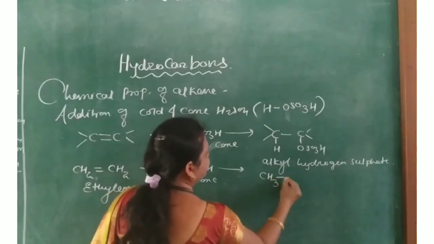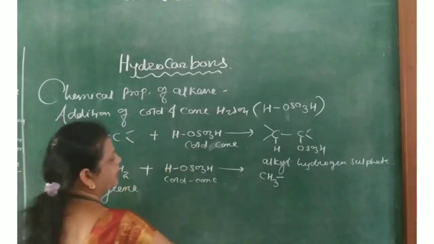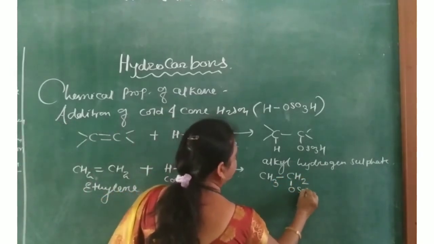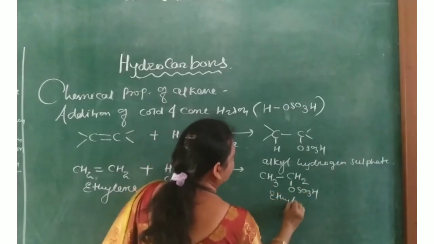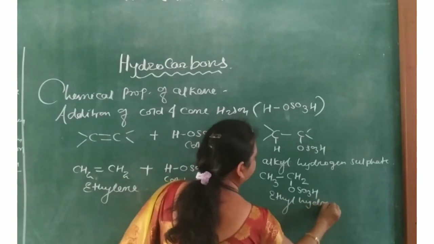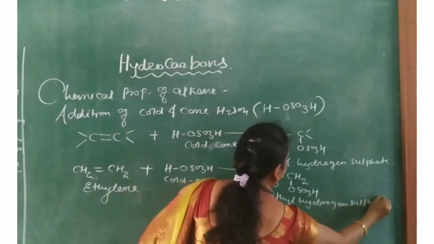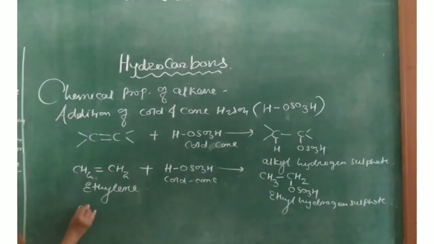So here CH2 plus H becomes CH3 and OSO3H combines here to form CH2OSO3H. This is ethyl hydrogen sulfate. Ethyl hydrogen sulfate.